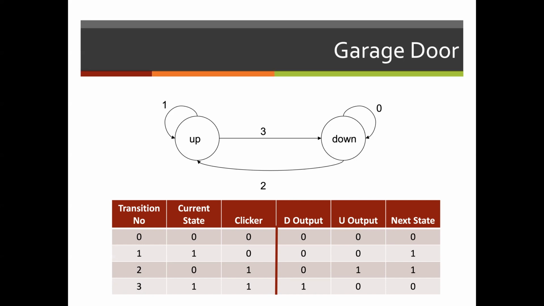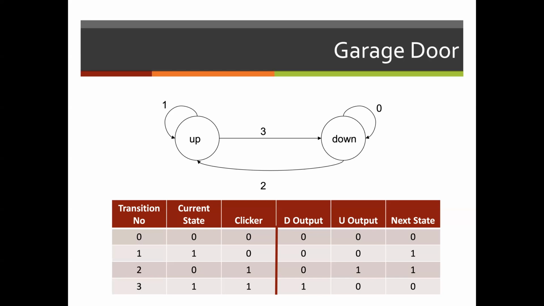The outputs represent appropriate control signals that are used to determine whether the garage motor will force the garage to go up, or force the garage to go down. We have appropriate transitions that are labeled 0 and 1. These transitions respond to there being no clicker action, so this means that there is no change in state.